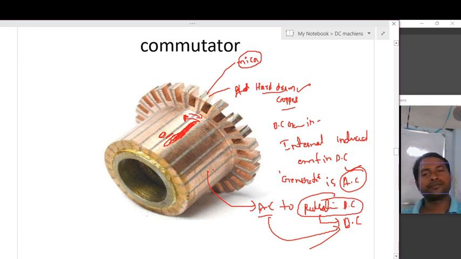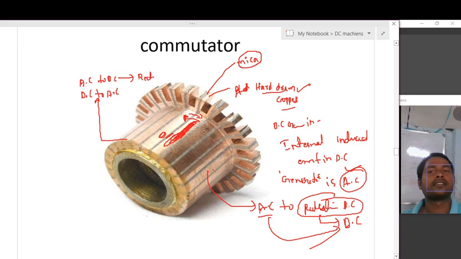For a DC generator, the commutator converts AC to DC. For DC motors, it converts DC to AC. AC to DC is nothing but a rectifier.